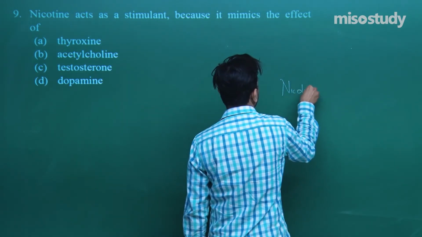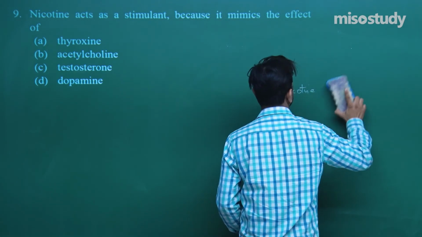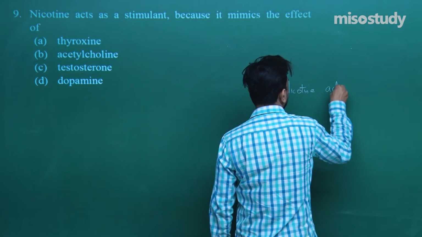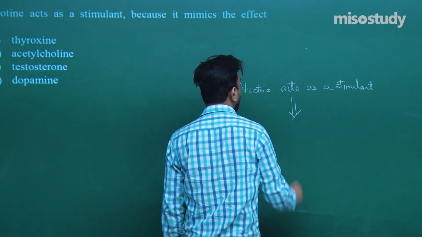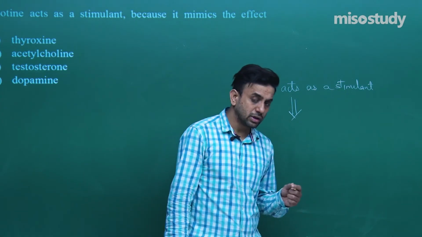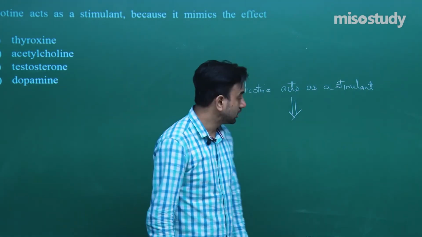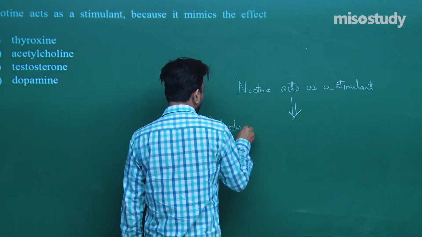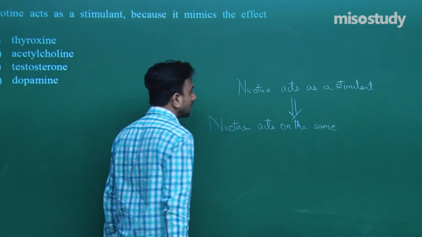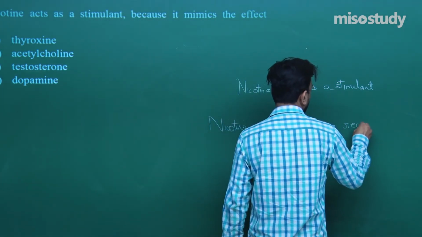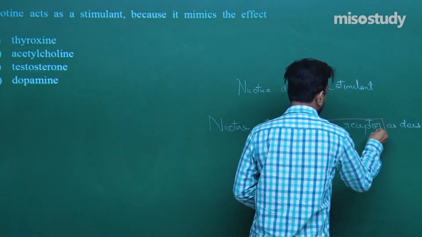Nicotine, we know, acts as a stimulant. Why? This is because nicotine would act on the same receptors as does the chemical messenger acetylcholine.